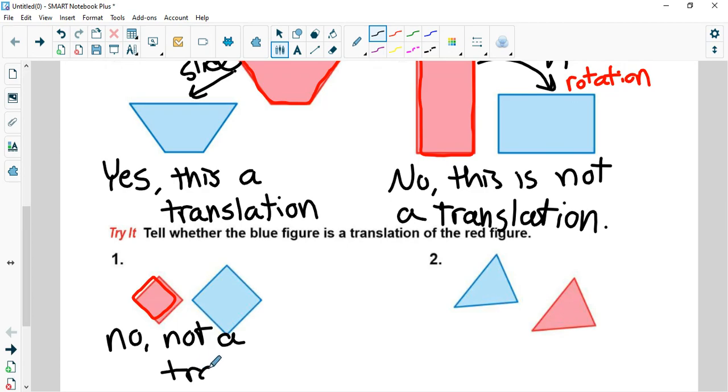And the reason for it is it expanded or it grew. It did not slide, it expanded. We'll talk about what that transformation is by the fifth lesson.